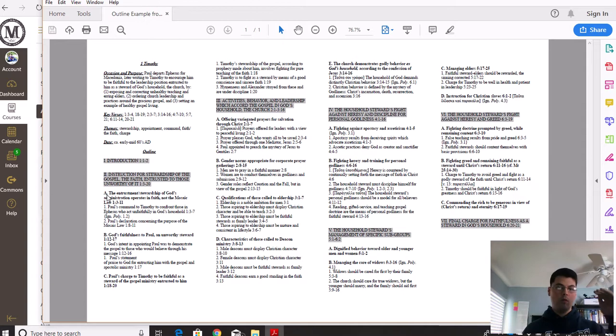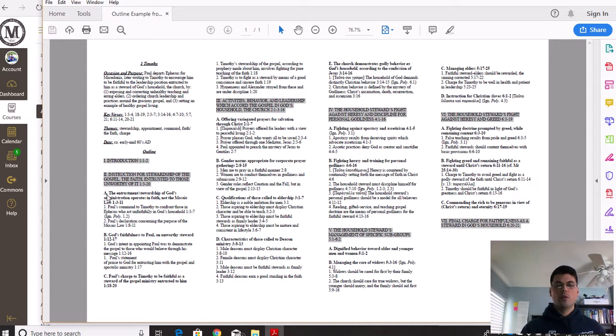So if you have a Roman numeral 1, and then an A, and then something under A, then what you're probably doing is you're probably titling Roman numeral 1 and then explaining something about it in Roman numeral A, and then explaining something about that, and it just sort of turns into this rabbit trail that goes off in one direction, and then you start over again with another one.